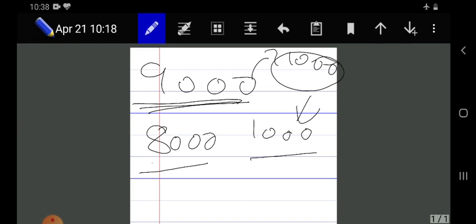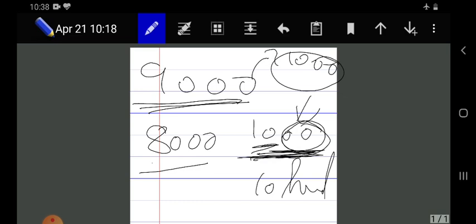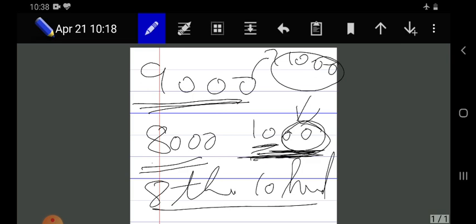If we convert this 1000 into hundreds, the next 10 is left, that will become 10 hundreds. So the digits will become 8000 and 10 hundreds. Now you can easily subtract. So what will we do?